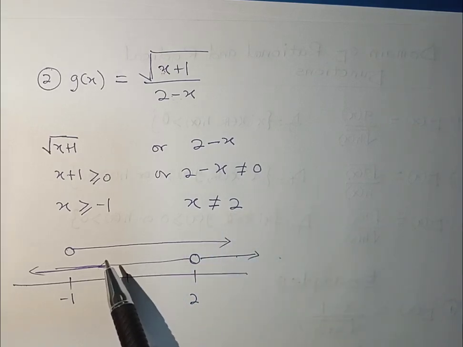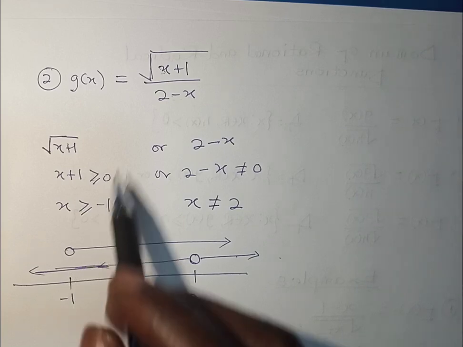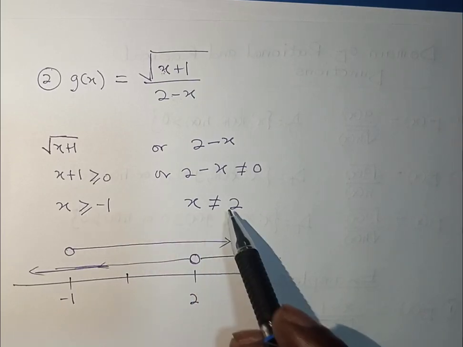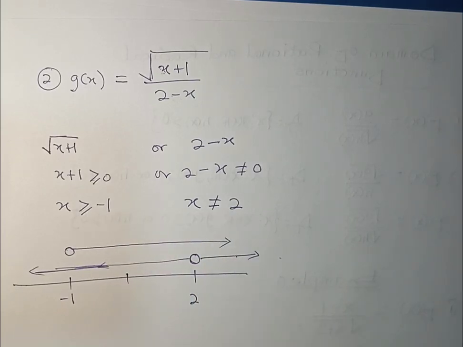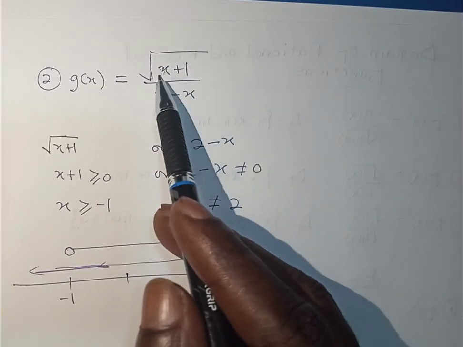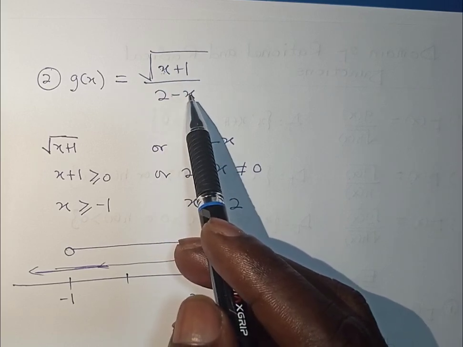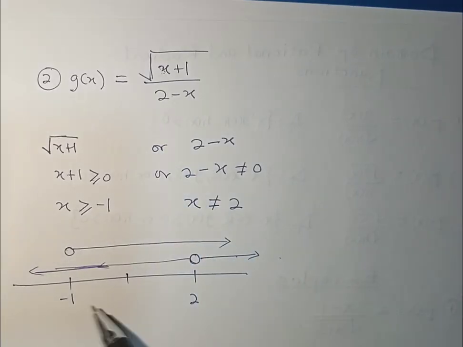So in this case, all that we do is we consider the values that can work for both this one and this one. We consider only values that, if we substitute them here, will make the function defined, and the same thing if we substitute them here. Those are the regions we are going to consider.